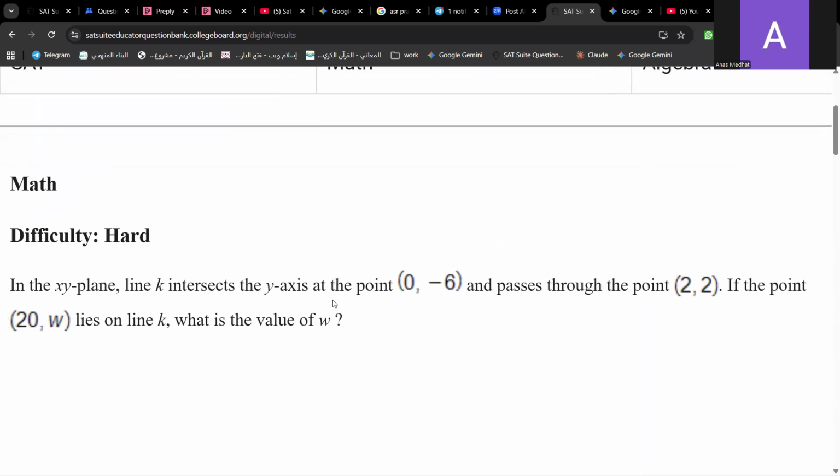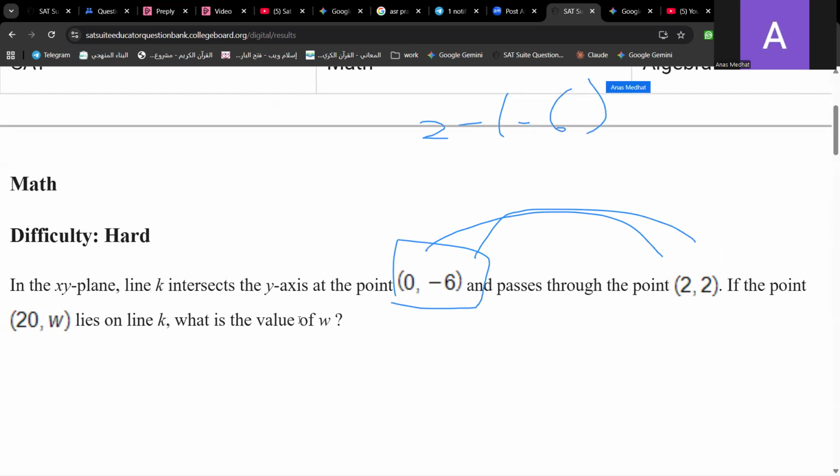Line k intersects the y-axis at this point and passes through this point. If the point lies on line k, what's the value of w? All you have to do is get the equation and substitute. It gives you the y-intercept, you have to get the slope. Let's get the slope. This minus this over this minus this. So 2 minus 6 over 2 minus 0 will be 8 over 2, which is 4.